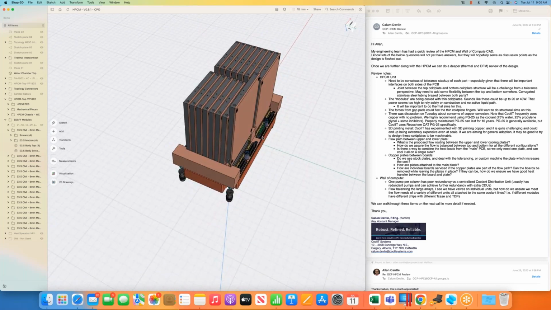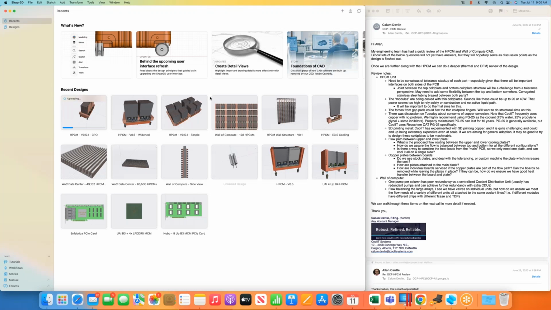Alan, I need to drop off now, but one thing I wanted to quickly mention on the wall of compute side: I know you've been mentioning treated water and things like that. So I want to check, were you picturing just facility water going through these versus a secondary fluid network? There are two networks.